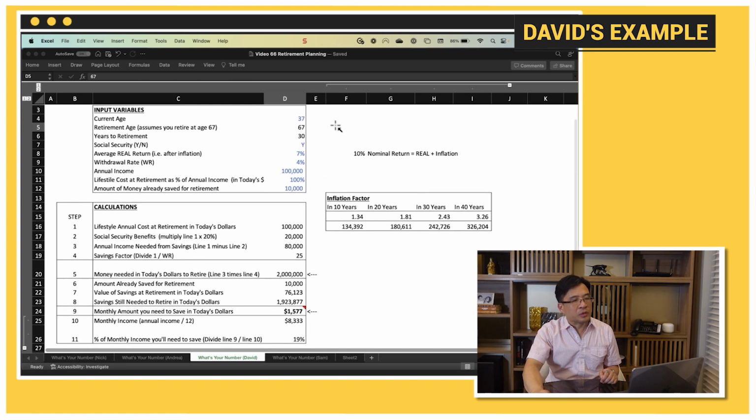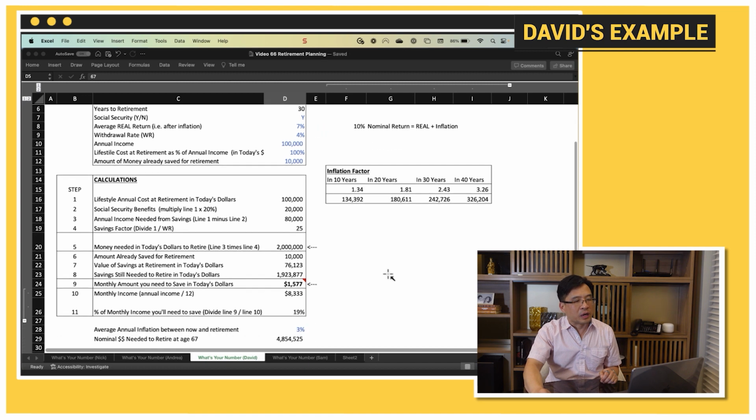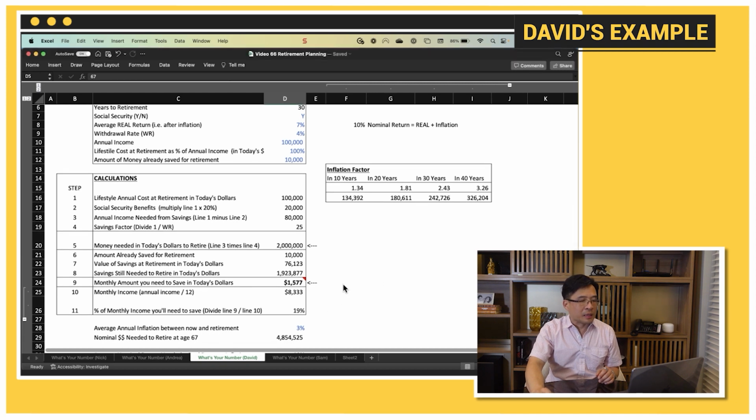And at this age, he still has 30 years to retirement, and he can manage to retire by saving $1,577 per month for the next 30 years. And that's about 19% of his monthly income. So this is doable too, given that he has a larger salary to work with. He'd probably be able to manage to save 19% of his monthly income.